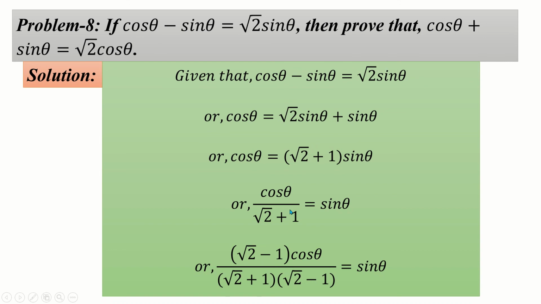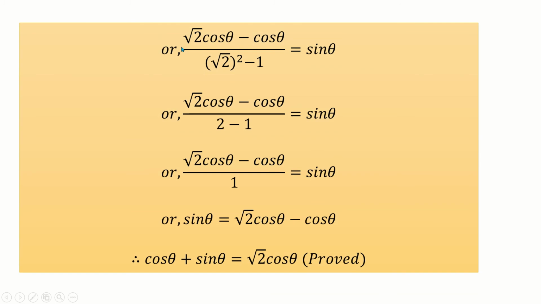Now multiplying the left side, both numerator and denominator, by root 2 minus 1. As a result, here will be (root 2 minus 1) cos theta and here will be (root 2 plus 1) into (root 2 minus 1). After multiplying, numerator will be root 2 cos theta minus cos theta, denominator will be root 2 whole square minus 1. Right side will be sin theta.